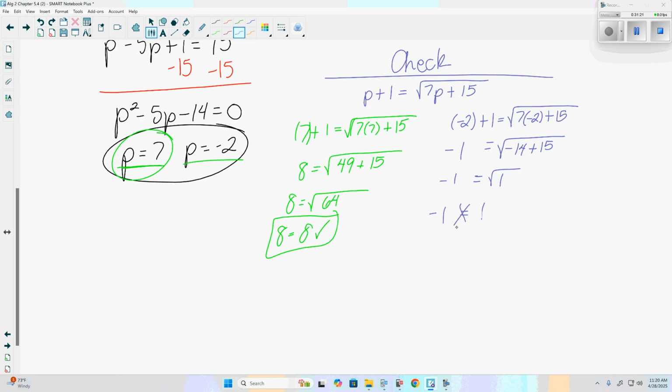Negative 1 is not equal to 1. So the only solution we have here is that p is equal to 7. Questions on this here? Questions on anything we've done so far?